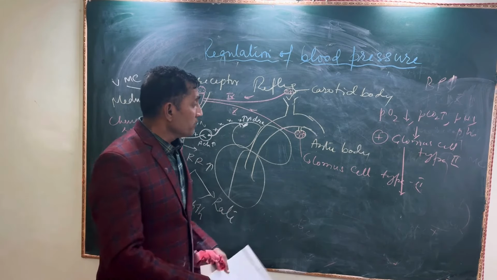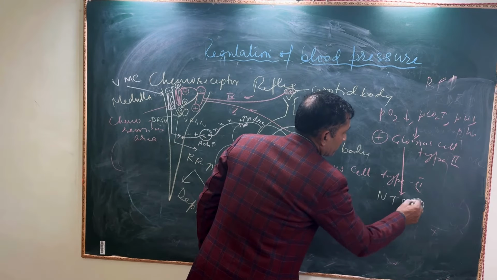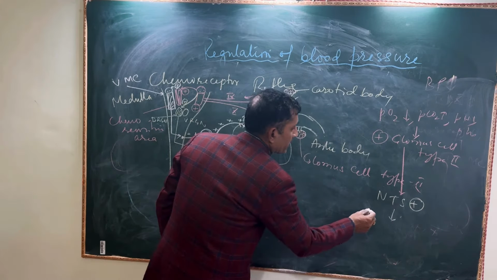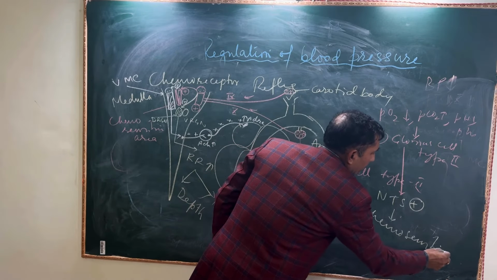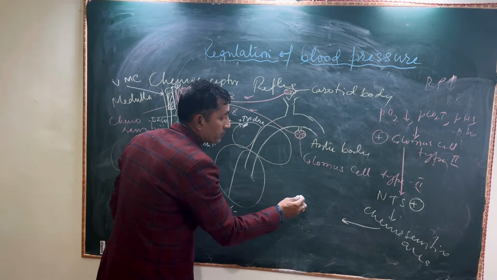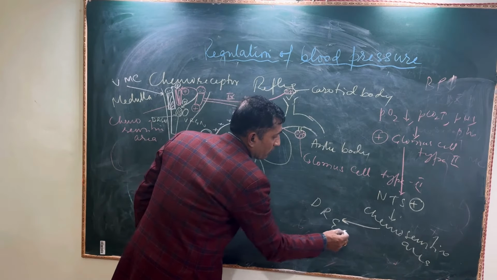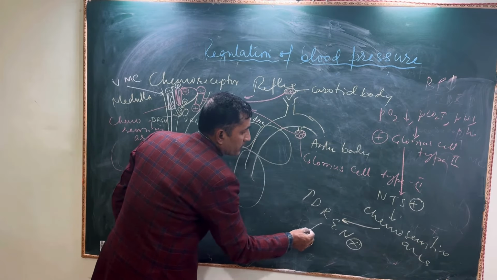So the ultimate aim here is that the nucleus tractus solitarius is stimulated, then there is a stimulation of the chemosensitive area, and once the chemosensitive area is stimulated, there is a stimulation of the dorsal respiratory group of neurons, and activity increases.